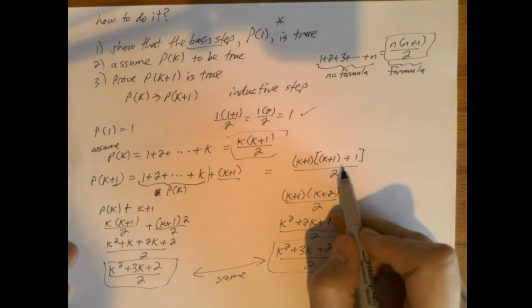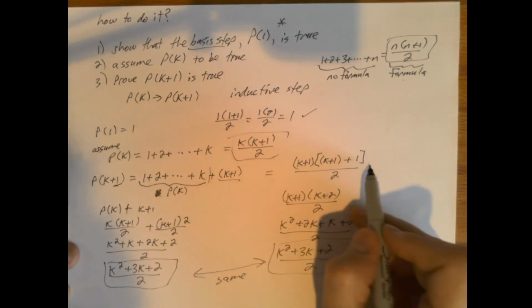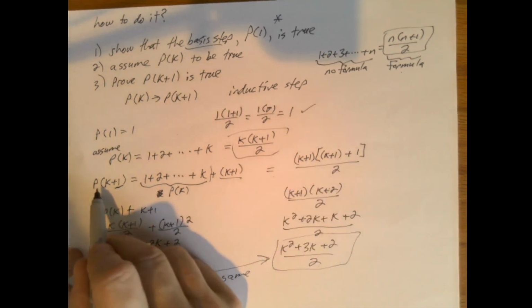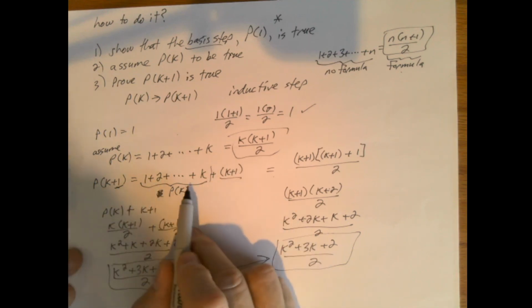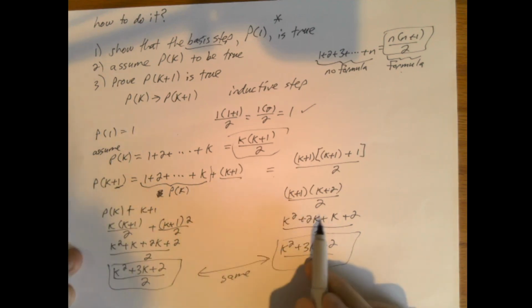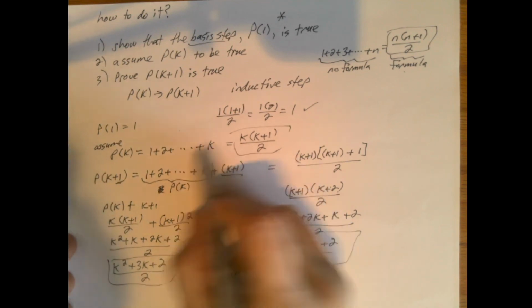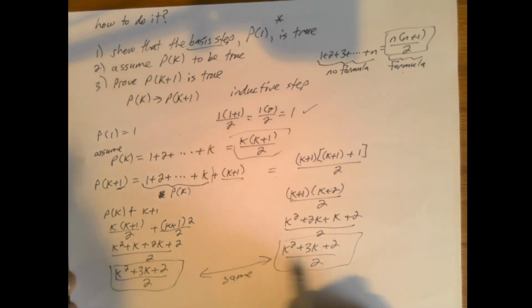And then over here, we use the formula for the entire sum of the k plus 1 values. And then we show the two sides are equal. If any part of this is wrong, then we shouldn't get the same final result here. But anyway, that's the basic form of mathematical induction.